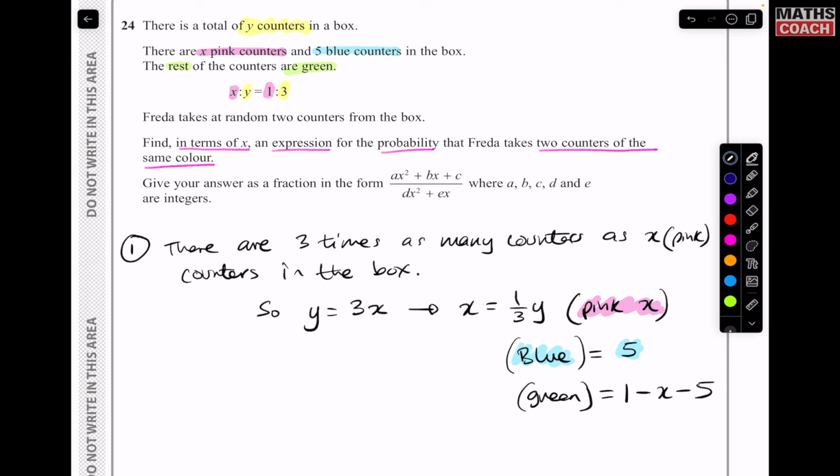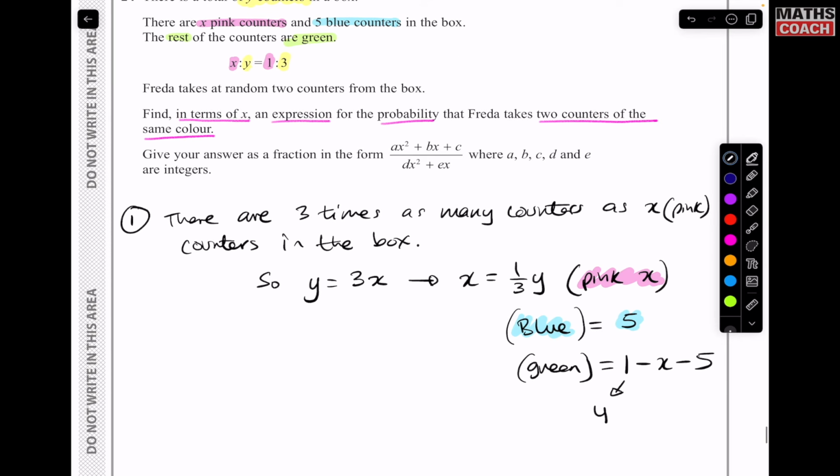Furthermore, the 1, which is what all the probabilities are of, can be represented as y itself, because y is all the counters. So y minus x minus 5 can now represent green. That is an expression for green now. Just go back over that if you didn't quite understand it.